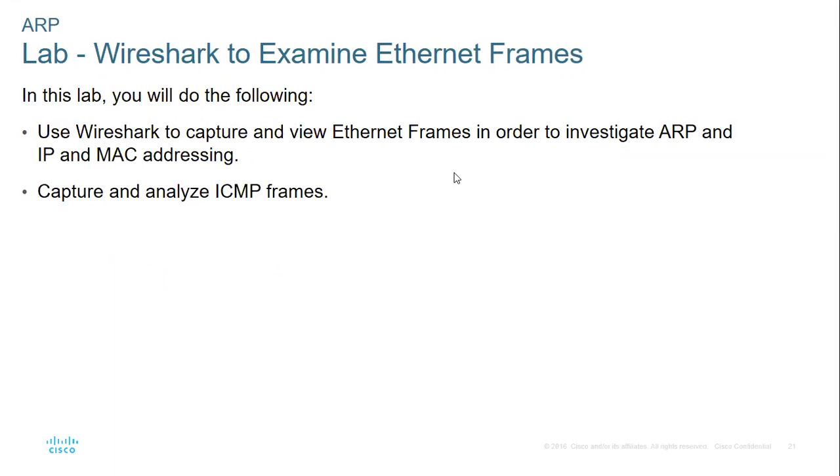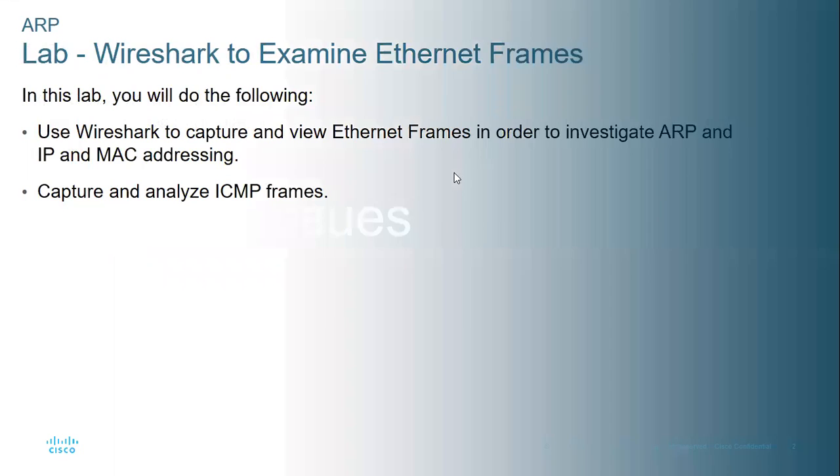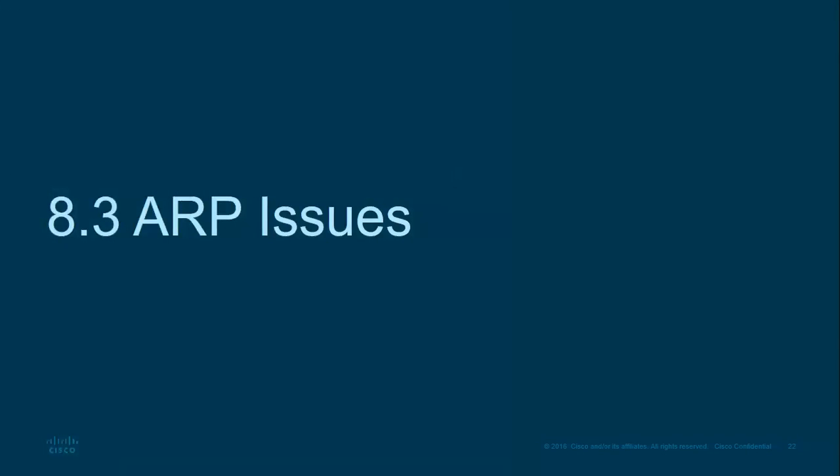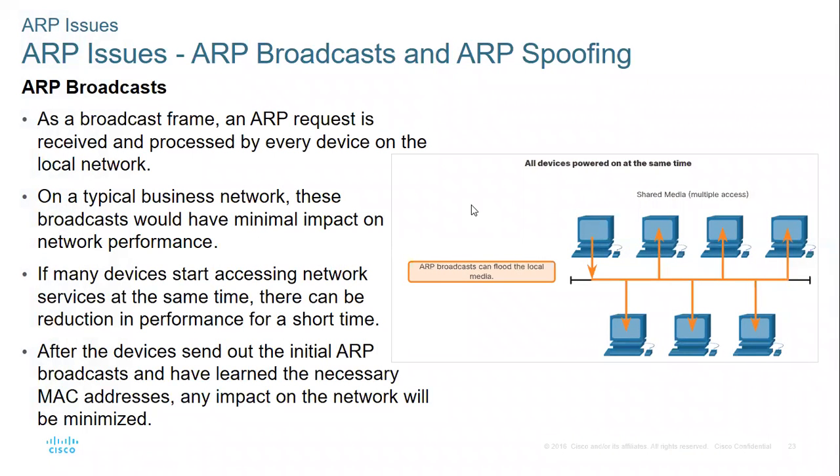We are going to use Wireshark to examine the frames. ARP issues. What are some of the issues? Due to the fact that ARP sends ARP broadcasts, this can lead to ARP broadcast problems and what is known as ARP spoofing, or ARP flooding.